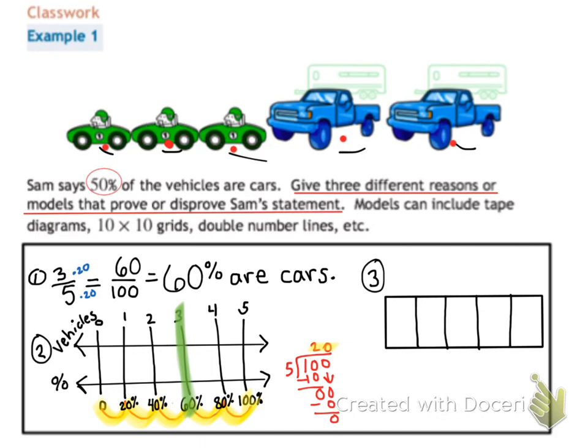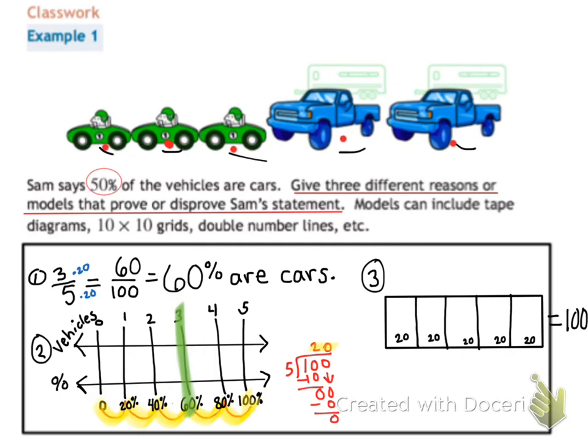So here I have a tape diagram. I know that the tape diagram equals 100% because I partitioned it into 5 equal parts, and there are a total of 5 vehicles. So if I have 100 divided by 5 is 20. That means each unit has a value of 20.